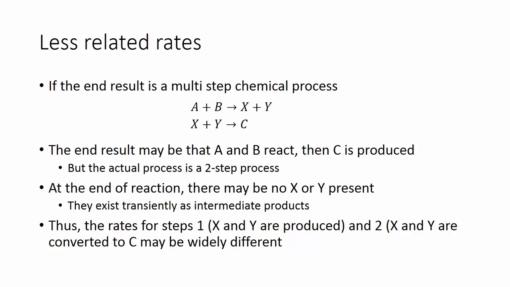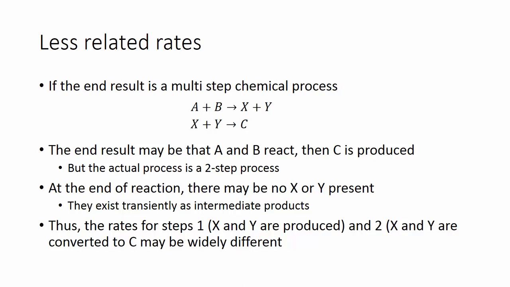If the end result of our chemical process happens to be multi-step, we've got A plus B yields some intermediate pair X and Y, and then X and Y eventually become C. You can certainly argue that A and B are reacting, and then C is being produced.